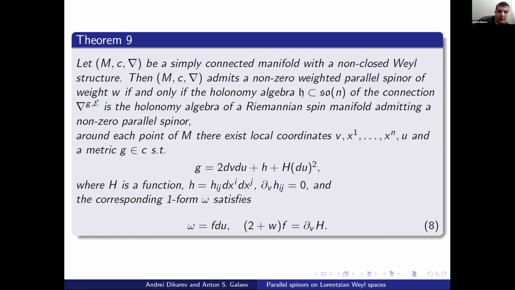And locally around each point of M, there exist local coordinates and a metric given by this formula, where H is a function and h is given by this formula, and h does not depend on v, and the corresponding one-form satisfies these conditions. So this theorem gives the local description of Weyl-Lorentzian manifolds with some additional conditions.